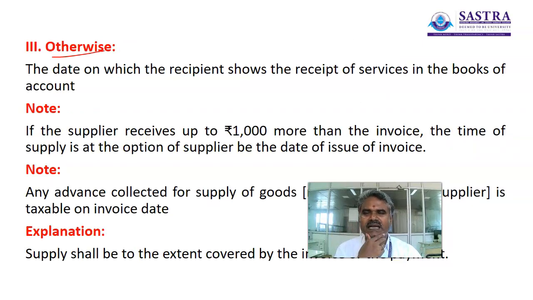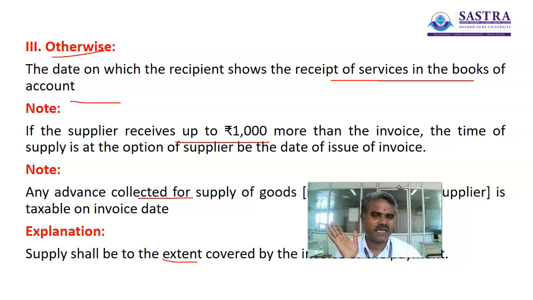Otherwise, the date on which the receipt shows in the books of account, and the others are the same. Advance collected, everything is the same. What we discussed at the time of finding the time of supply of goods is applicable here also.